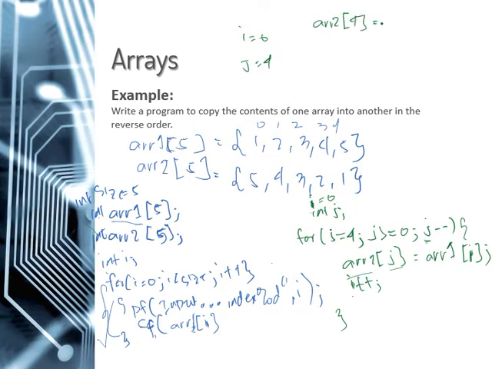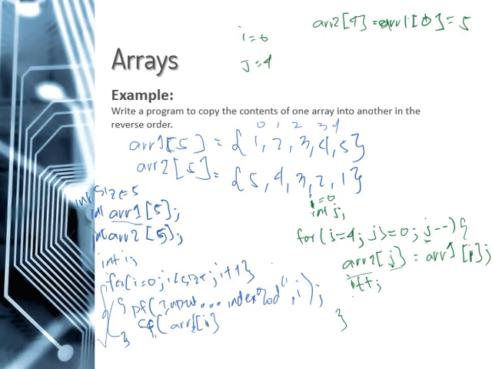R1 at index 0 is 5. So this is 5, meaning r2 at index 4 is equal to 5.